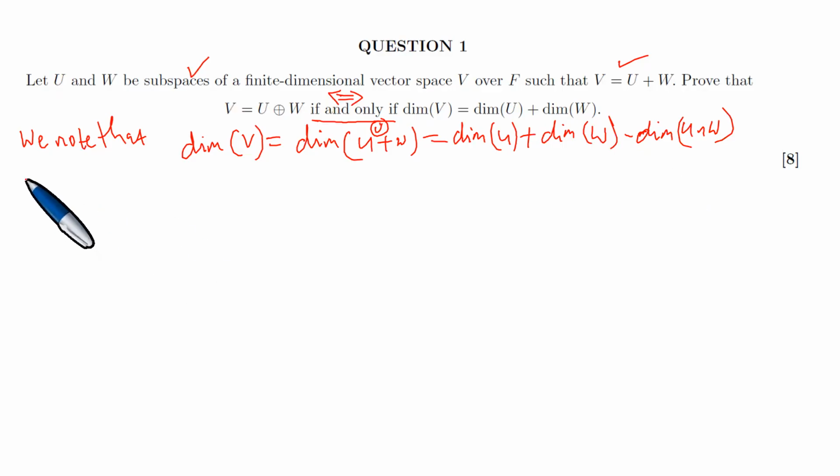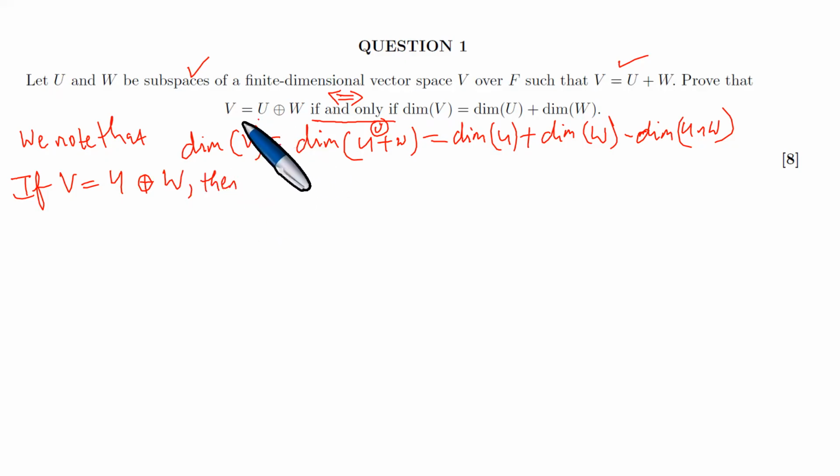If it therefore happens that V is the direct sum, it is called a direct sum. So V now is the direct sum of the two subspaces. What does it mean to speak of the direct sum?